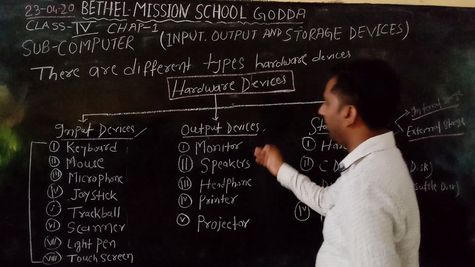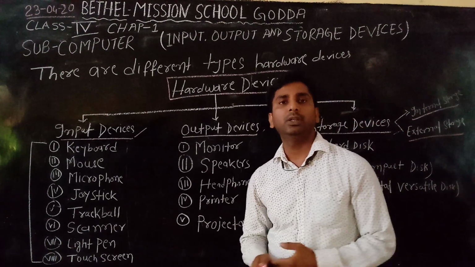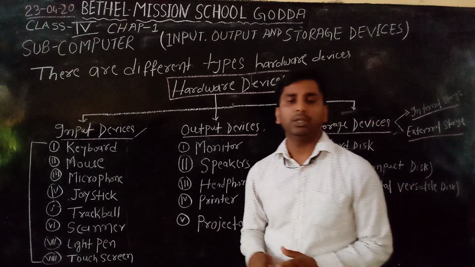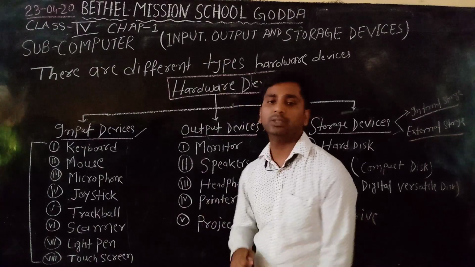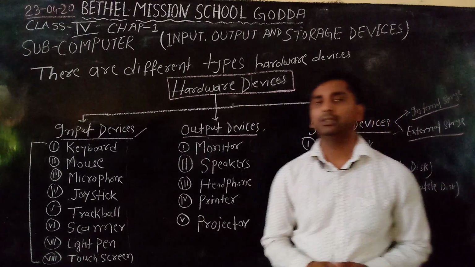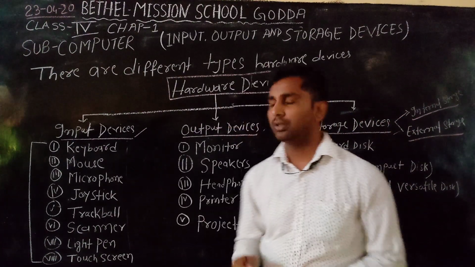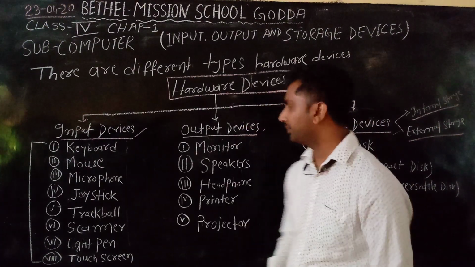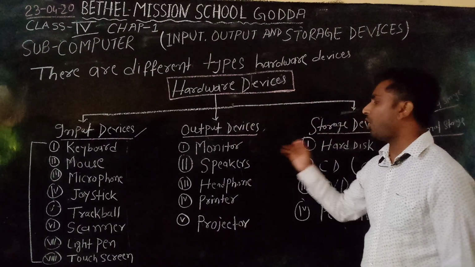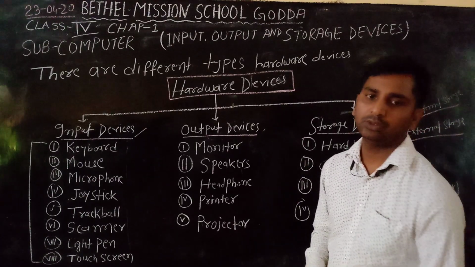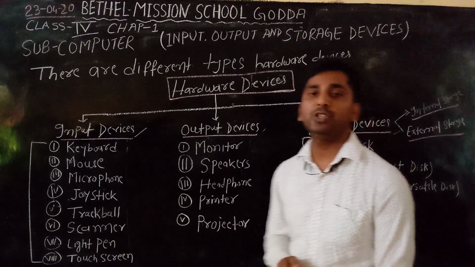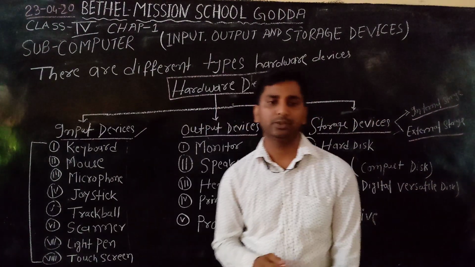Monitor. What is monitor? A monitor is an output device. It displays text and pictures. It is also called VDU, which means visual display unit.